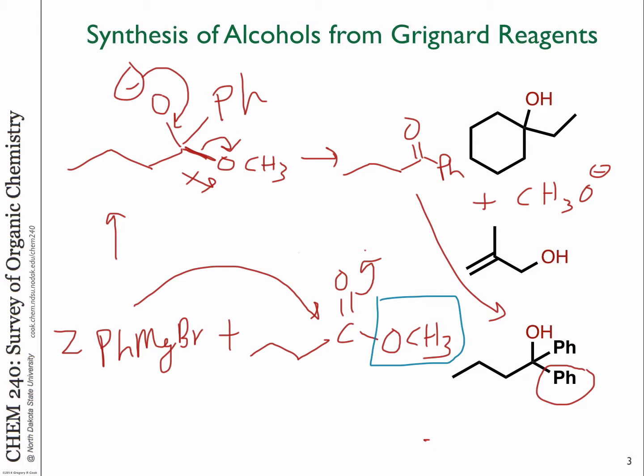Okay, so remember, carboxylic esters can react twice with the Grignard reagent, just like they can react twice with lithium aluminum hydride. Right? Same thing. Lithium aluminum hydride will add 2 H's. Grignard reagents will add 2 of the carbon Grignard reagent.